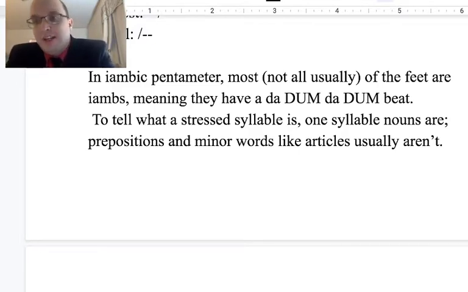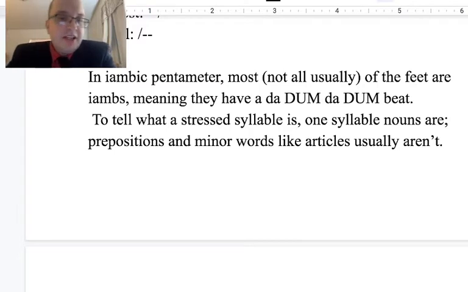Words like prepositions, something like in or for or across, usually aren't stressed. Articles, the, and, those usually aren't stressed.